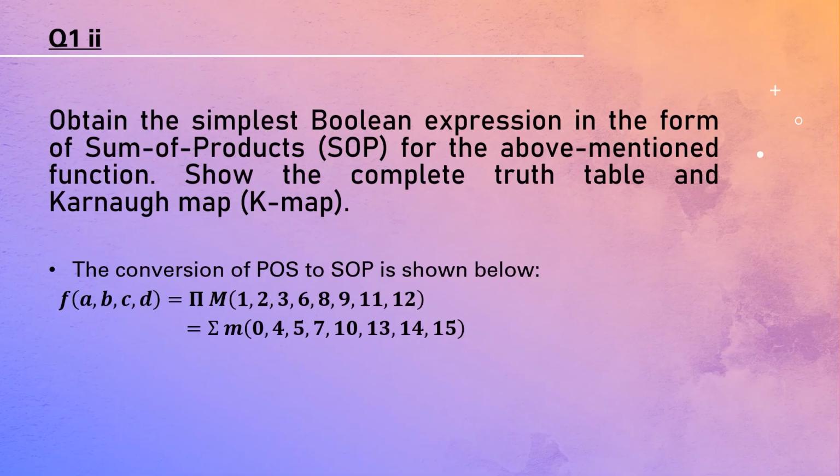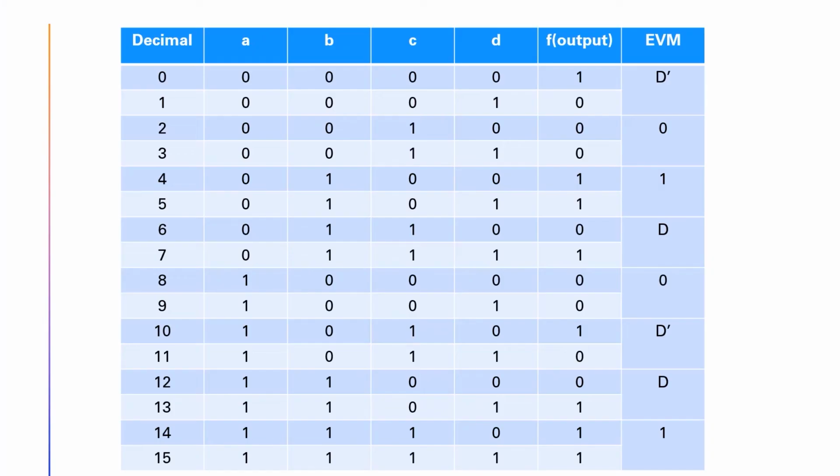For question 1 part 2, we have to obtain the simplest Boolean expression in the form of SOP for the above mentioned function, and then show the complete truth table and cut-off mechanism. The first step is to convert the POS to SOP as shown below. So this is the truth table for the Boolean function.